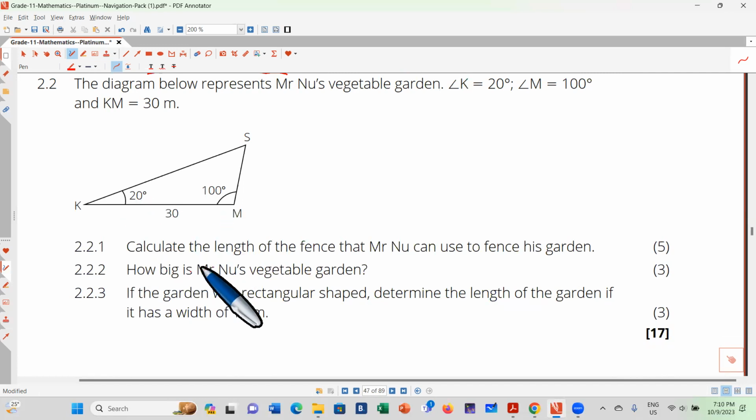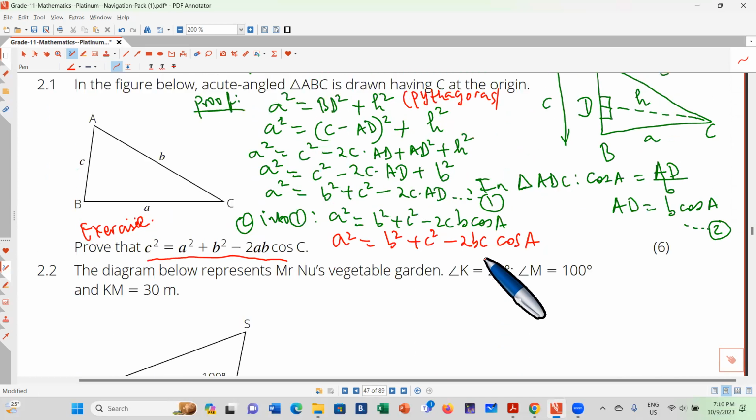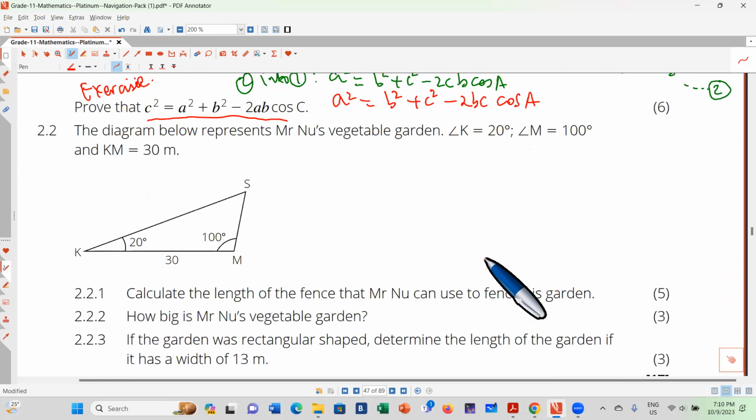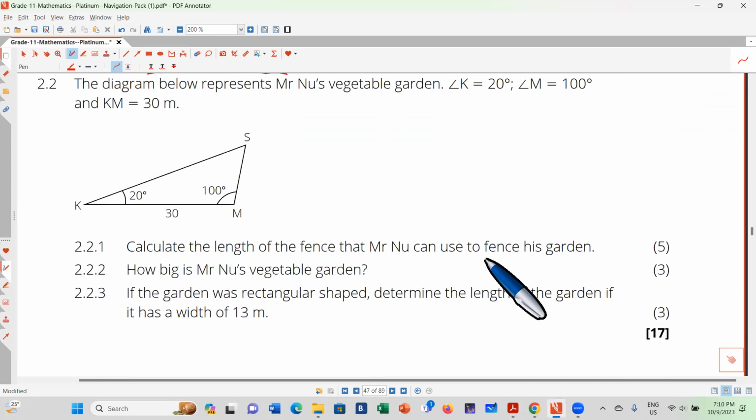Let's look at the question they're asking in this worksheet: calculate the length of the fence that Mr. New can use to fence his garden.